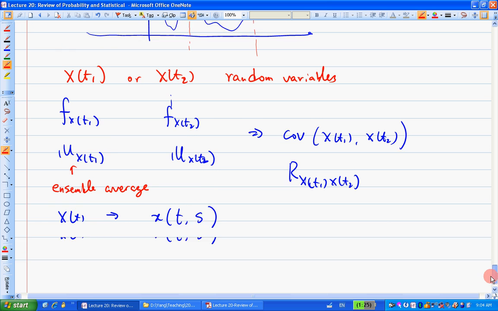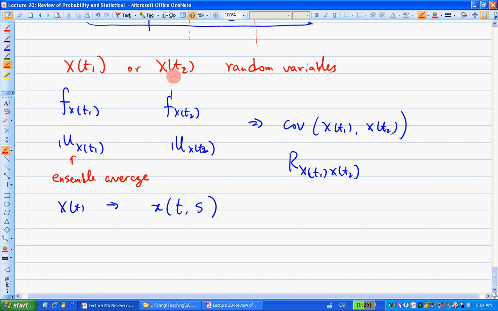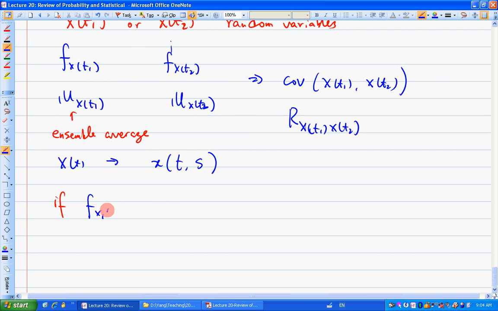So what if x of t1 and x of t2, the random variables representing different time instants, are independent? If x of ti are independent here.